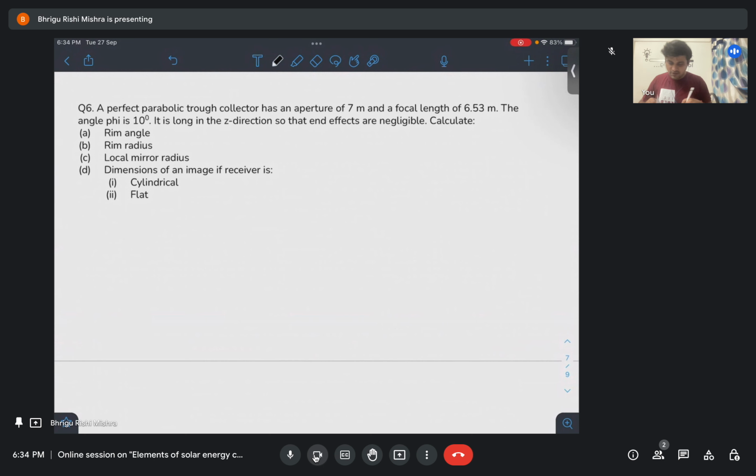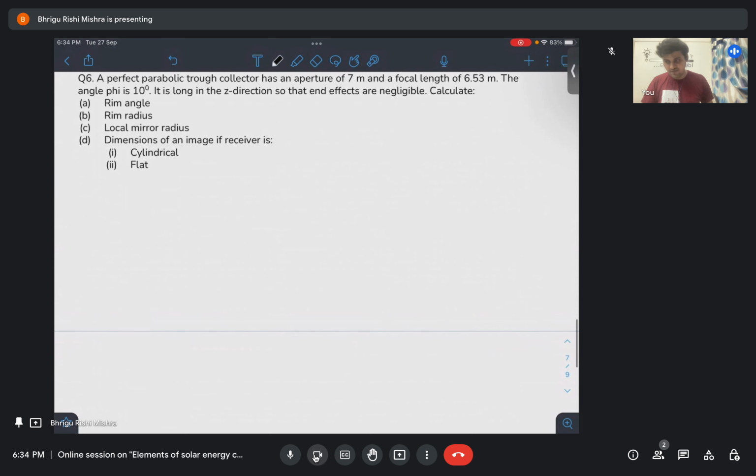Okay, so first let me draw the diagram for this parabolic trough collector. Suppose I have this concentrating reflector, and this is the focus F. This r is known as the local mirror radius, and this is RR, the rim radius.